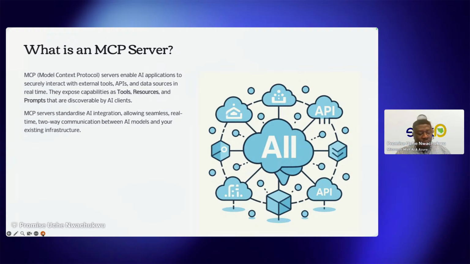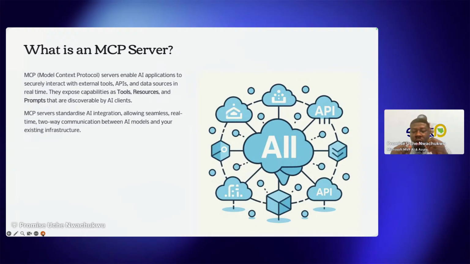So if you want to enable your applications to interact with external tools, MCP is one of the things you can enable on your AI system to ensure that interaction. With MCP, you enable your AI system to interact with external tools and data sources in real time. And we'll be seeing how all of this plays out, right?